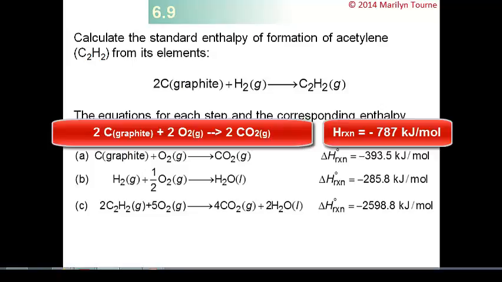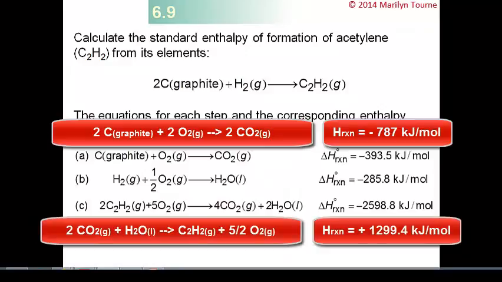So we flip the equation, which means that we reverse the sign of the enthalpy, and we also have to divide everybody by 2, which means we also have to divide the enthalpy value by 2. So we would end up with 2 carbon dioxide plus 1 mole of water yields 1 mole of acetylene plus 5/2 of O2. And the enthalpy of reaction ends up being positive 1,299.4 kilojoules per mole.